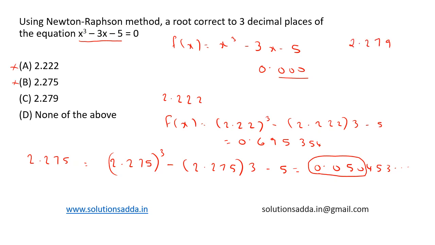We will get 2.279 to the power of 3 minus 3 into 2.279 minus 5, which is equal to 0.00023 going on. So we get the 0.000 form. So option C, 2.279 is the correct answer here.